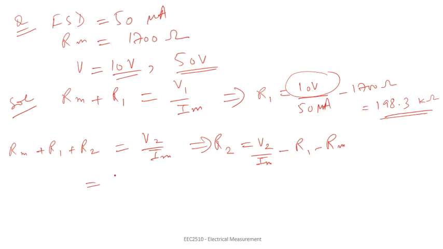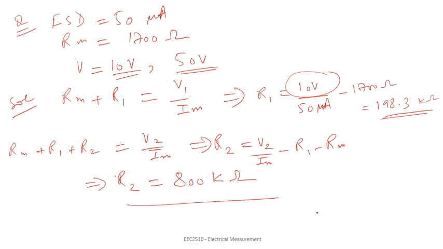You just put 50 in place of V2, and the rest of the values will be the same, that is Im will be 50 microampere, R1 you have already calculated as 198.3, Rm will be 1700, so R2 will come out to be 800 kilo ohm.